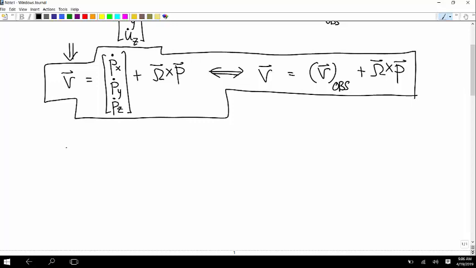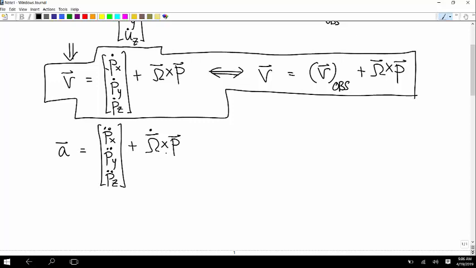And then the acceleration vector is the second time derivatives of the components of the position, plus the time derivative of the angular velocity of the coordinate system crossed with the position vector.